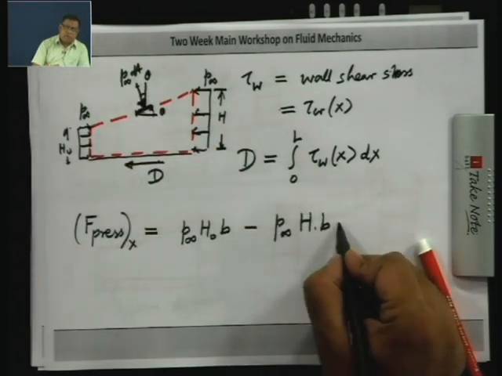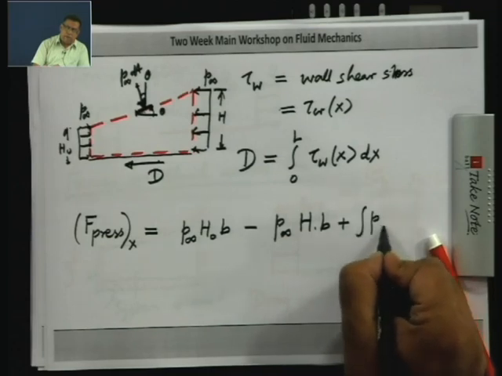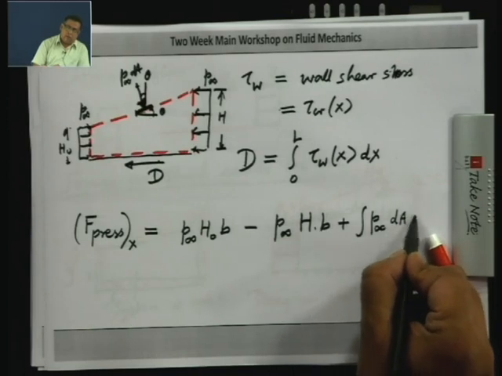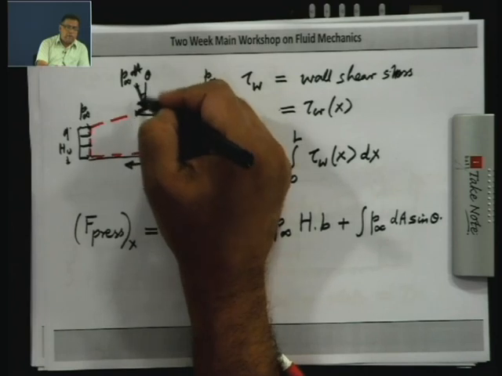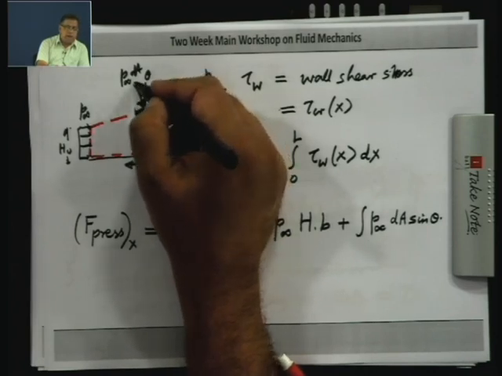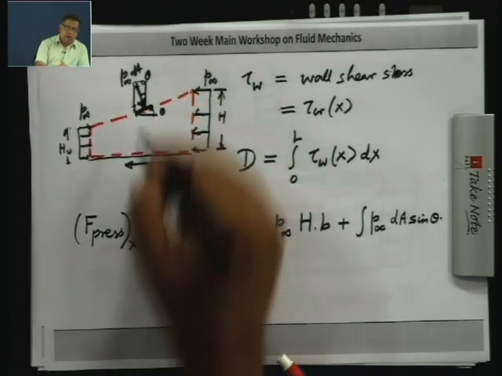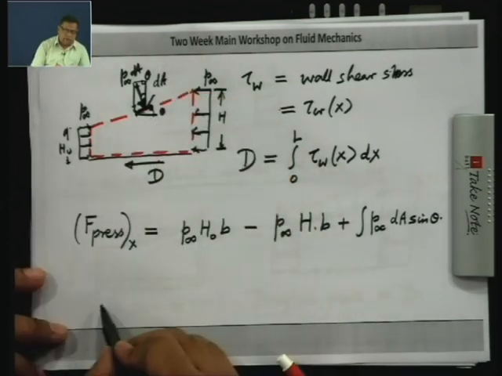So, this is going to be plus integral of P infinity dA into sin theta. So, this P dA has a component in the negative y direction, which is P dA cos theta, and a component in the positive x direction, which is P dA sin theta. Now, this dA, let me draw another figure here.